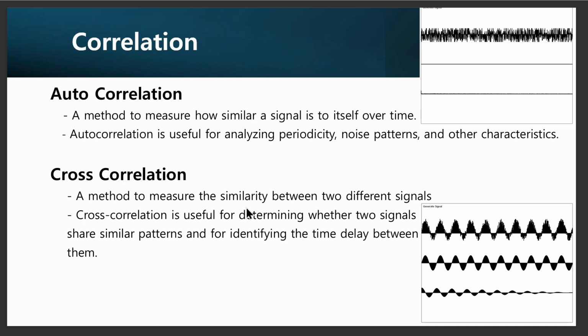Cross correlation, on the other hand, measures the similarity between two different signals and is useful for determining if the signals share similar patterns and for identifying the time delay between them. The graph above represents autocorrelation, while the graph below shows cross correlation.